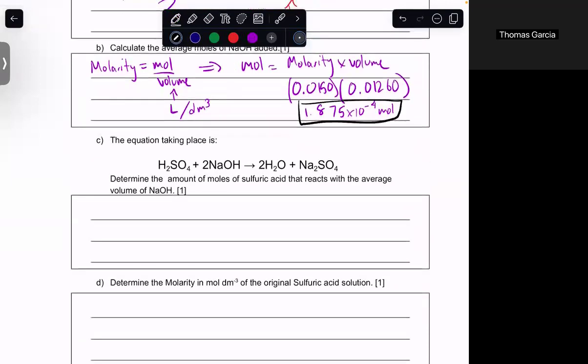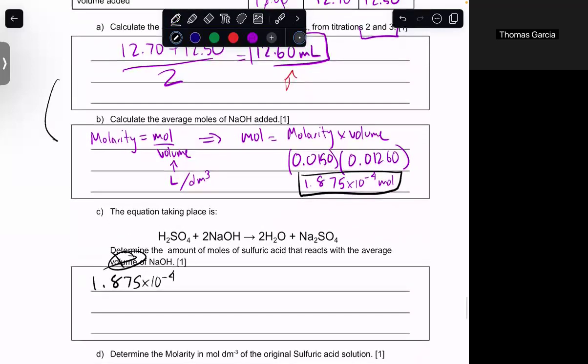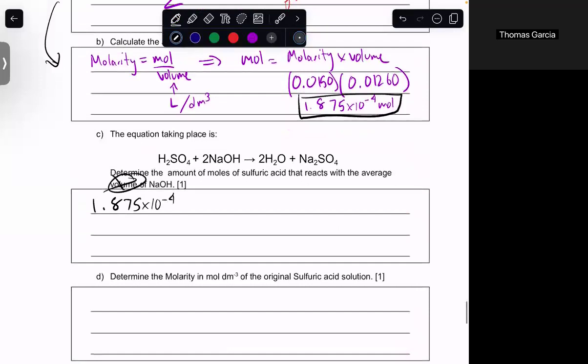The equation taking place is displayed below. Determine the amount of moles of sulfuric acid that reacts with the average volume of NaOH. Well, we already have the moles of NaOH that we added on average, so 1.875 times 10 to the minus 4 mole NaOH. Seeing this volume here is a bit of a misnomer, because we already did the conversion from volume to moles in the previous one.